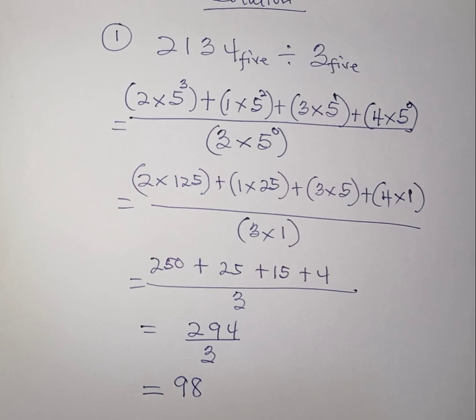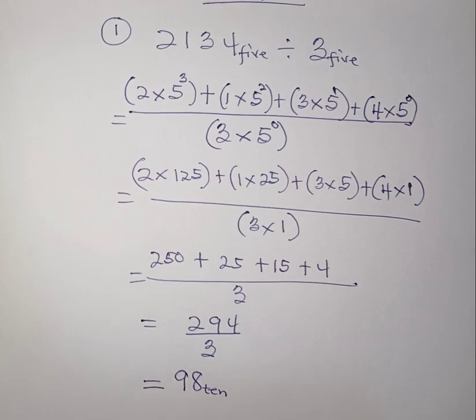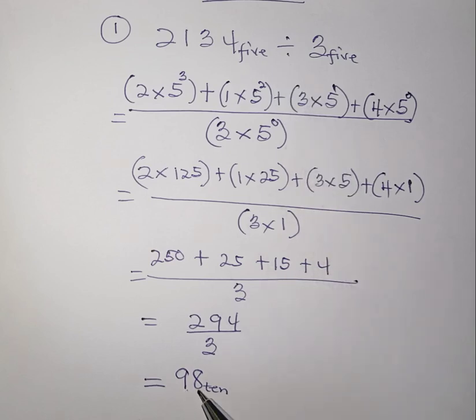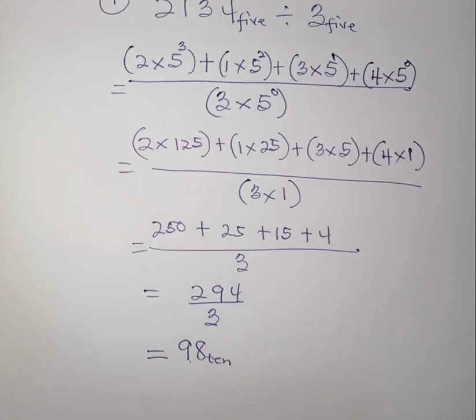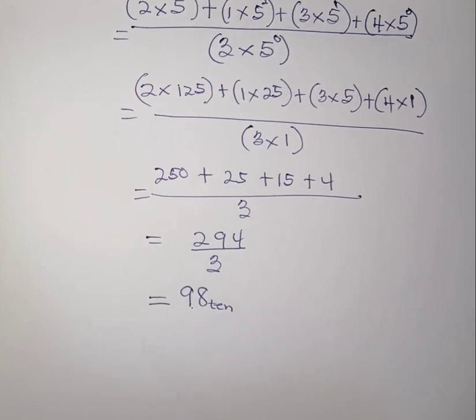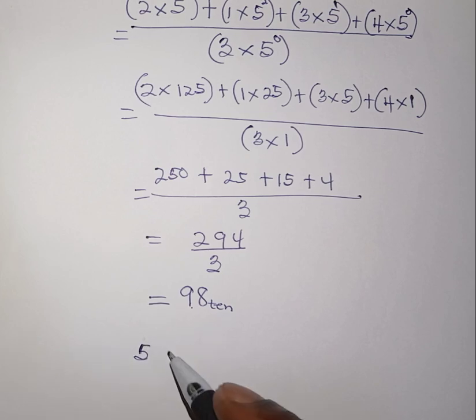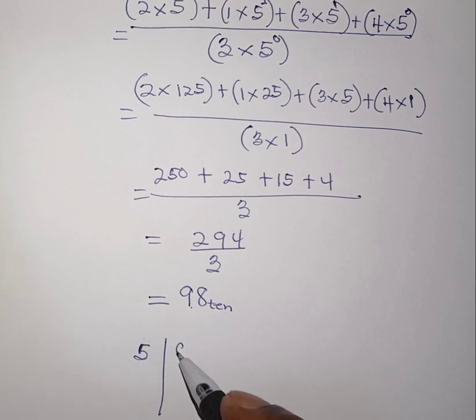So when you change it to base 10, you get this 8. Now remember, it was given in base 5, not in base 10. So after changing to base 10, then you change it back to base 5, and you know how to change it to base 5. So you write your 5 here, and then my 98.